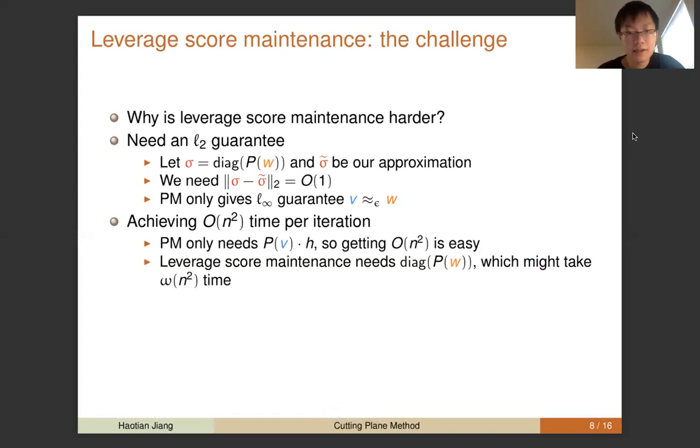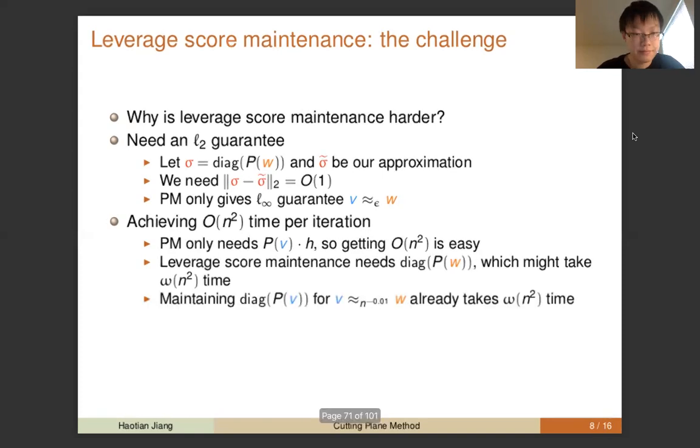But in our case, maintaining the leverage score, which is the diagonal of the projection matrix, might take omega n squared time. So to see why projection maintenance doesn't work here, even if we take the error epsilon to be n to the negative 0.01, which is far from achieving the L2 guarantee, this already takes omega n squared time to output the diagonal of PV.